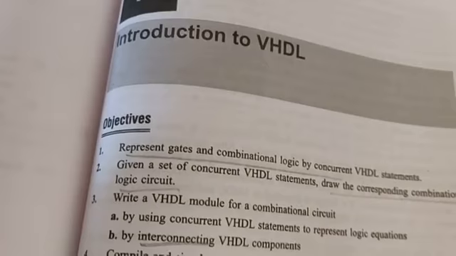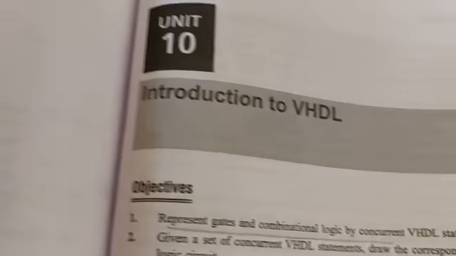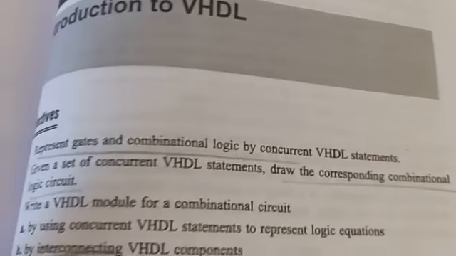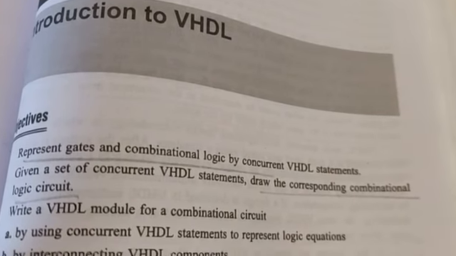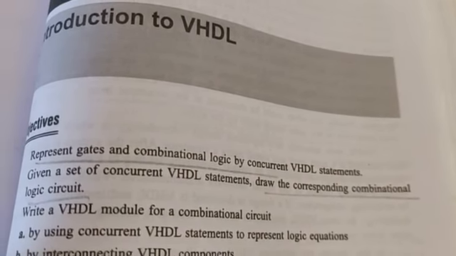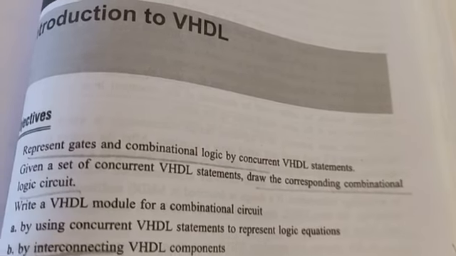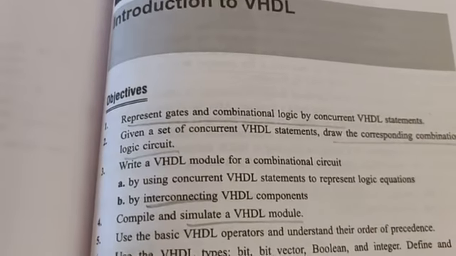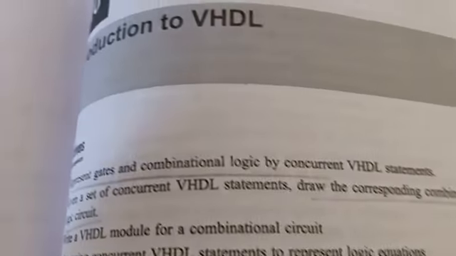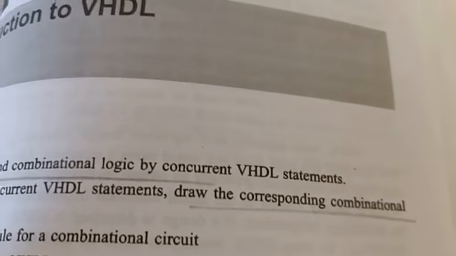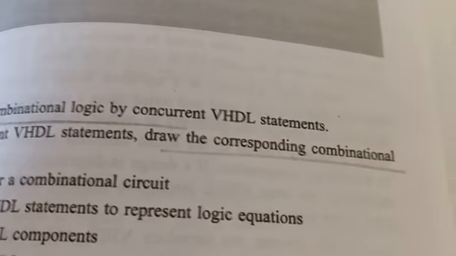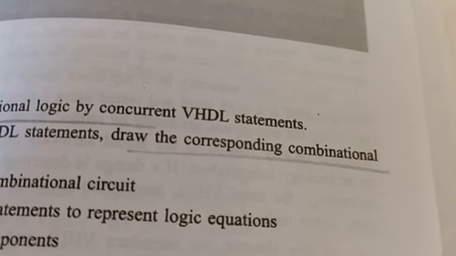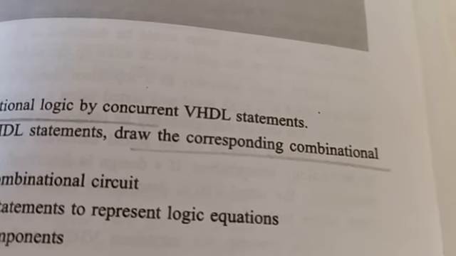So we shall deal with the next concept, which is introduction to VHDL. This is the remaining part of the fourth module, VHDL. So what do you mean by VHDL? HDL refers to hardware description language. V refers to very high speed integrated circuit.